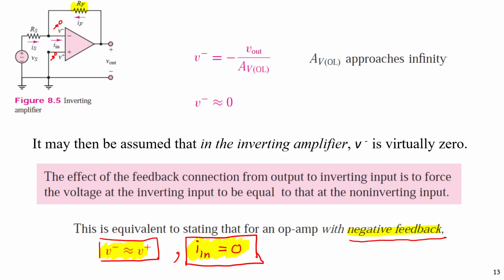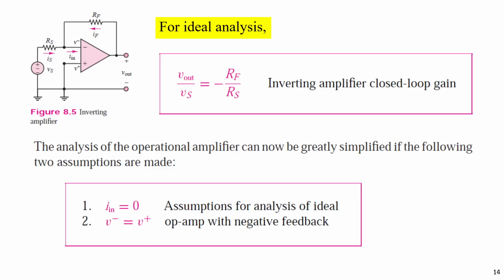Under the assumption that A open loop gain approaches infinity, we get these two properties.